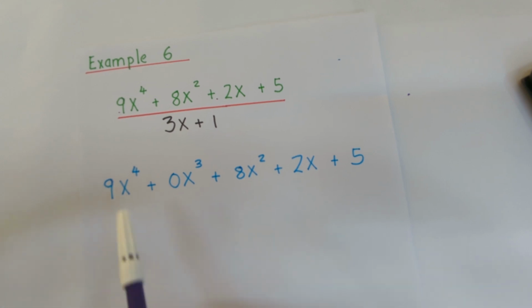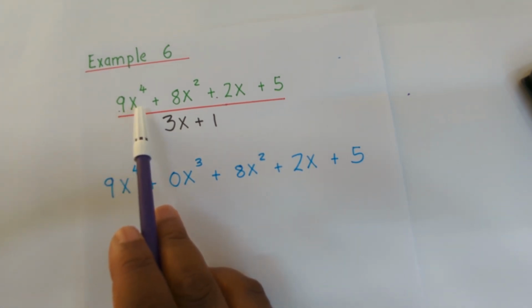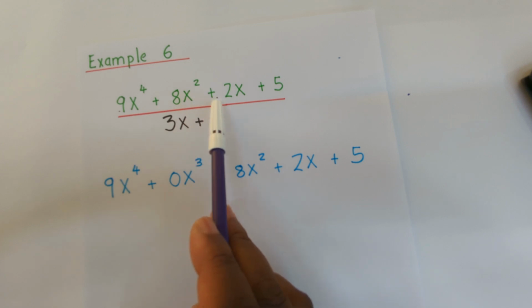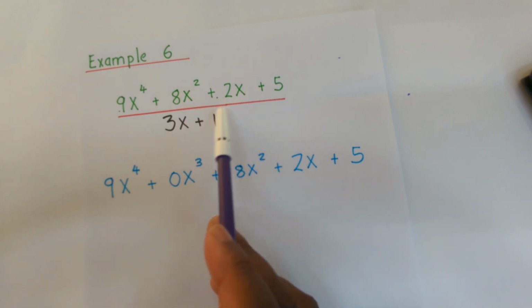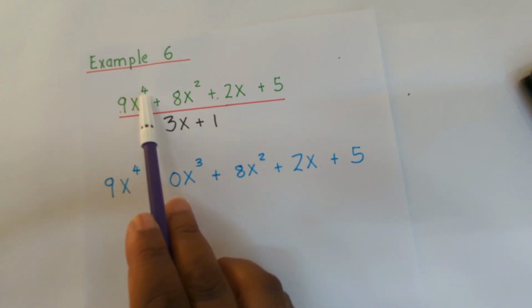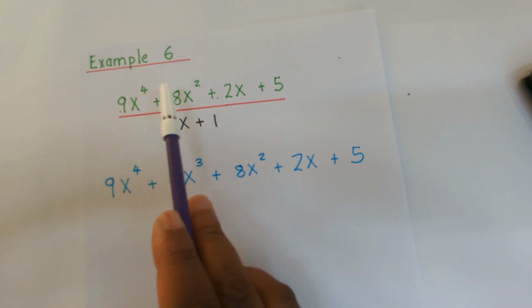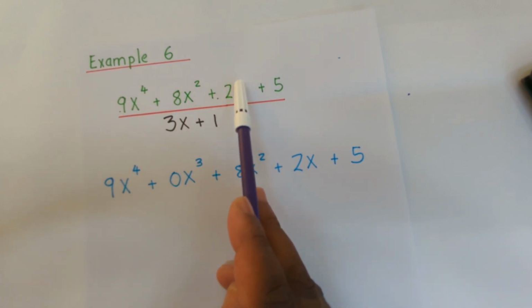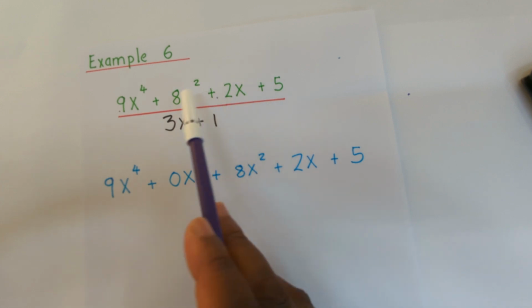In this example, we're given 9x to the power 4 plus 8x squared plus 2x plus 5 divided by 3x plus 1. If you check the exponents in our dividend, the first one is 4, followed by 2, followed by 1, and lastly by 0.